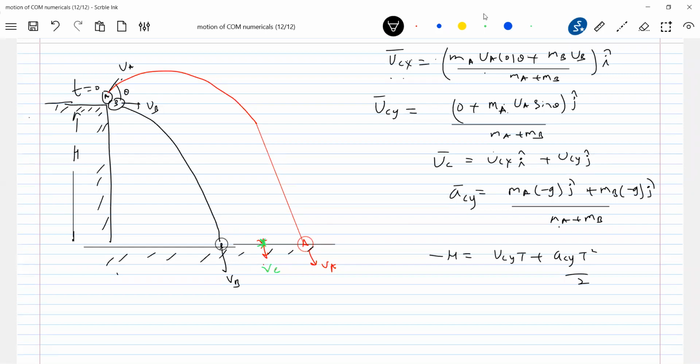Similar to projectile motion, after what time will the center of mass strike the ground? So when the center of mass is striking the ground, what happens to A and B? You have to verify. When A is striking, where will the center of mass be? When B is striking the ground, where will the center of mass be? Anything they can ask, and you can show that trajectory. Somewhere the center of mass will move. When B is striking, where will the center of mass be, at what height, or what is the position?